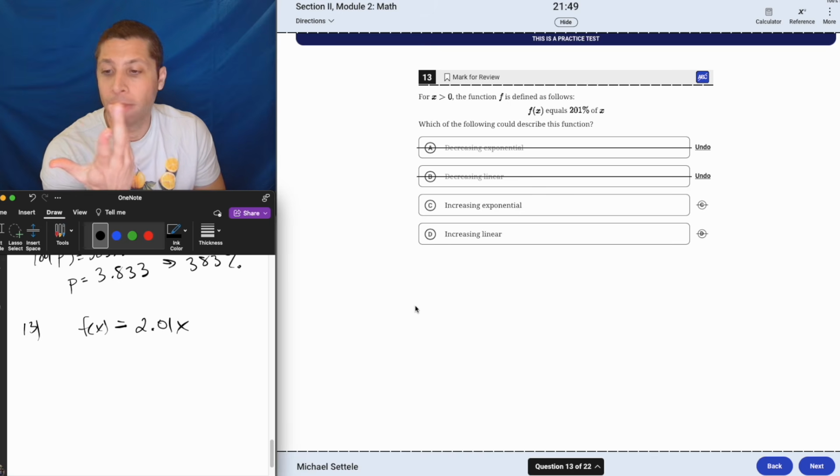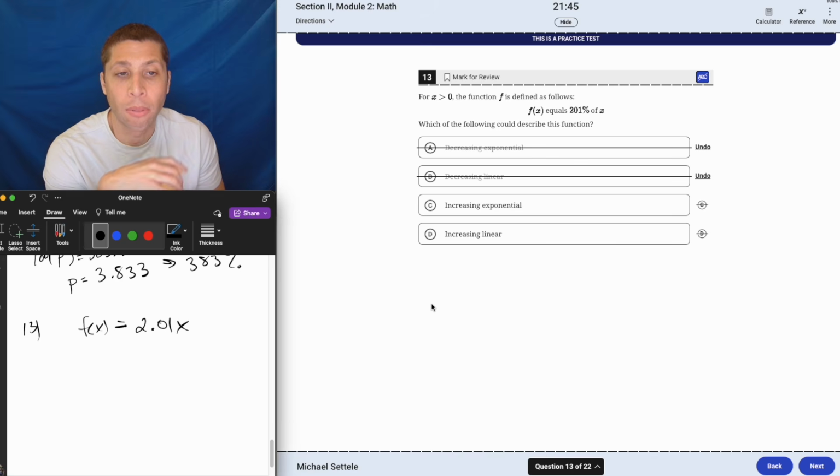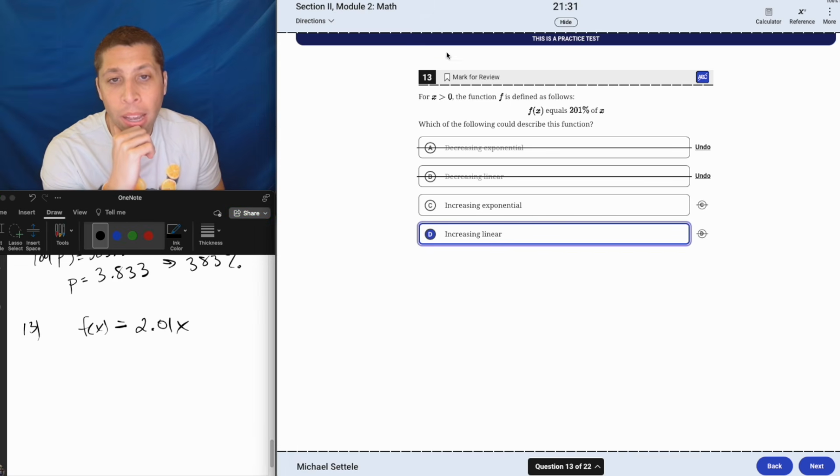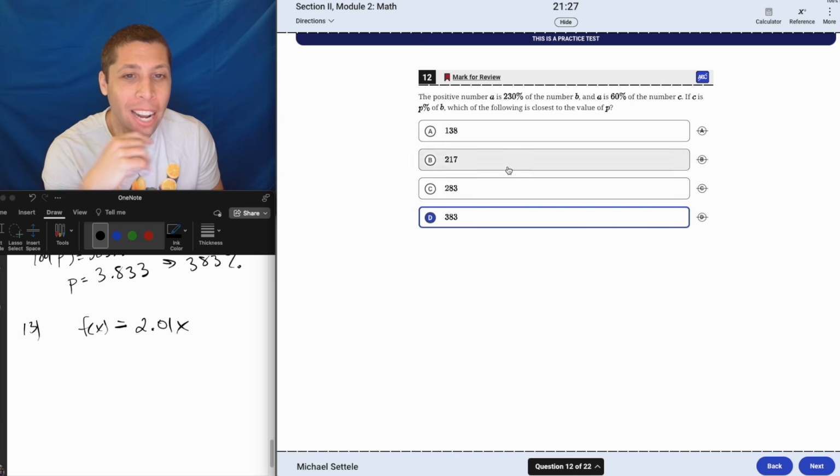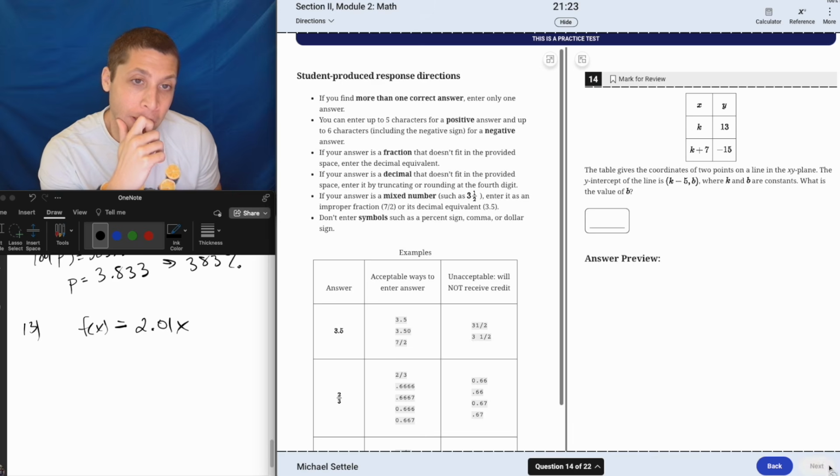If f of x equals 201% of 1, then you would have 2.01. And 201% of 2, you would just do 2.01 times 2, right? You just multiply by the value. So it's an increasing linear. And it's sneaky that they put that right after this question, where a lot of you are going to be thinking percents and exponentials, and then boom, you get hit with this.